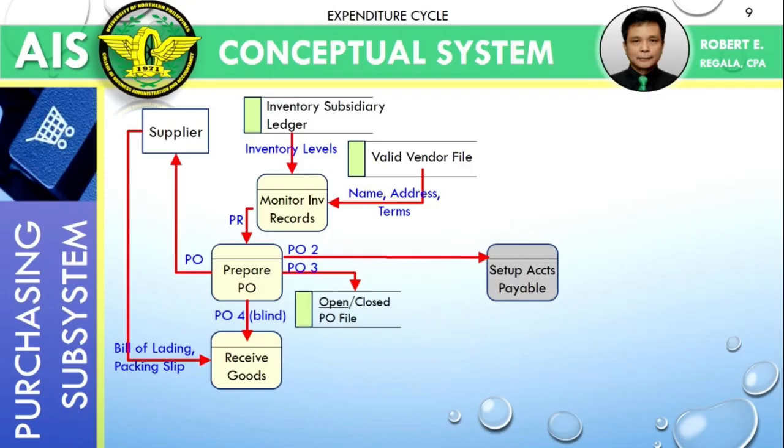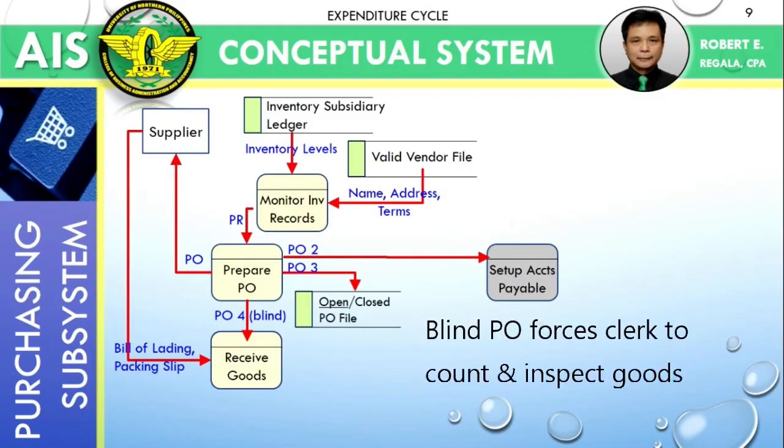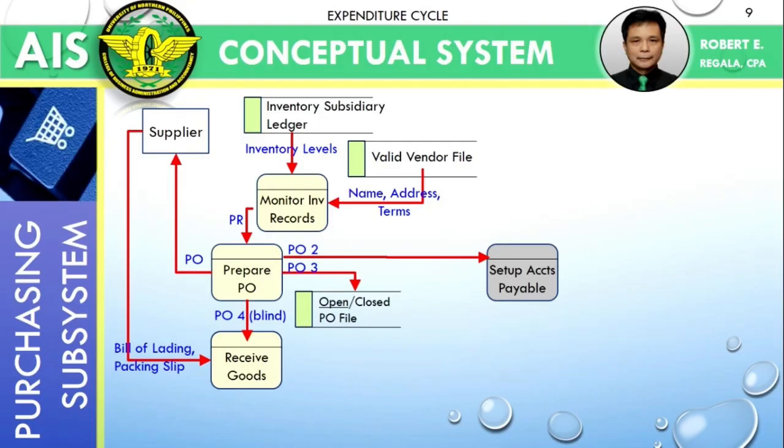The purpose of the blind PO is to force the receiving clerk to count and inspect inventories prior to completing their receiving report. At times, receiving docks are very busy, and receiving staff are under pressure to unload the delivery trucks and sign the bills of lading so the truck drivers can go on their way.